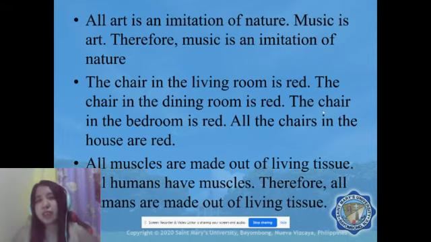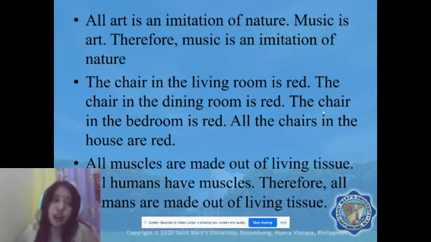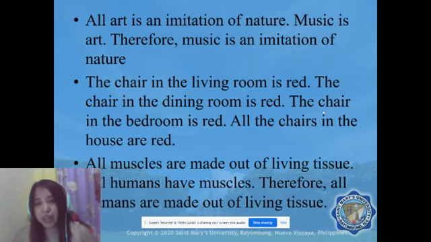Sometimes when we encounter the word all, it sounds of course that we are using a general statement. So it's actually from general to specific again. It is deductive reasoning. Next, the chair in the living room is red. The chair in the dining room is red.